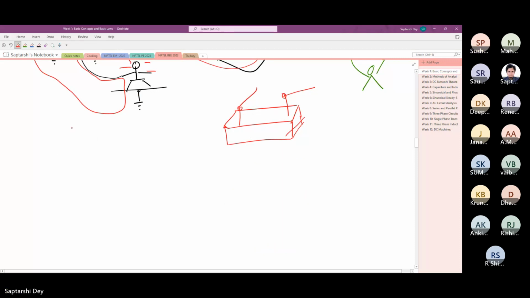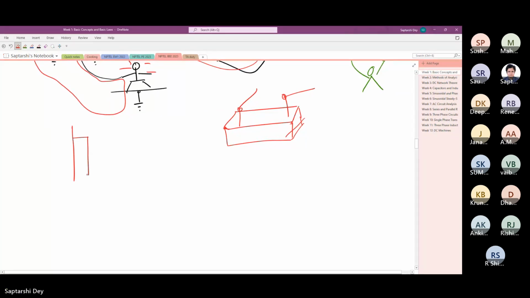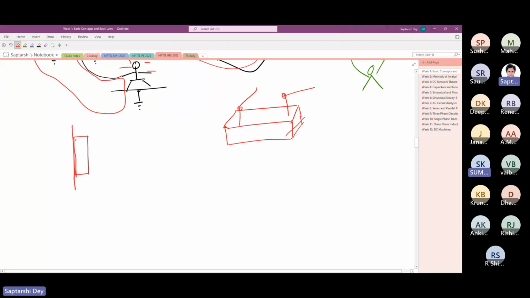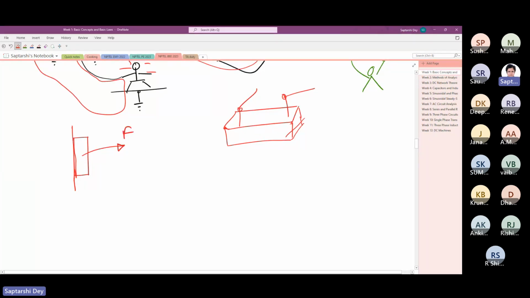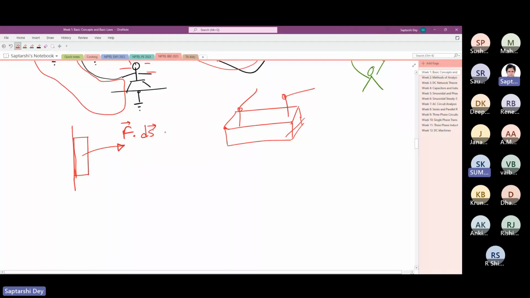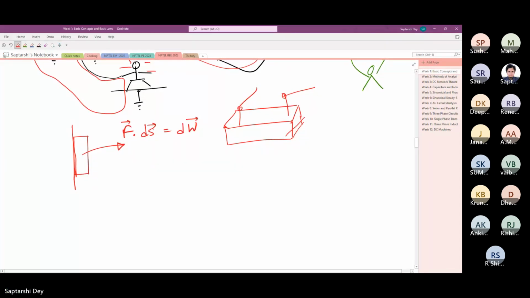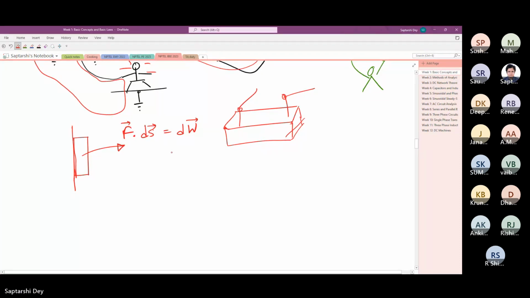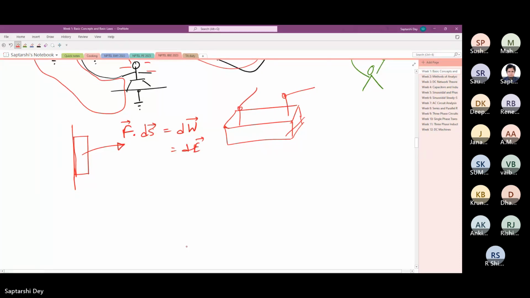So you put a magnet on the fridge wall like this, and then you pull it out, right? When you are taking it out, you have to apply some force, and you are also causing displacement. That means you are doing some work. Work means energy. Okay, sir. Got it, sir.